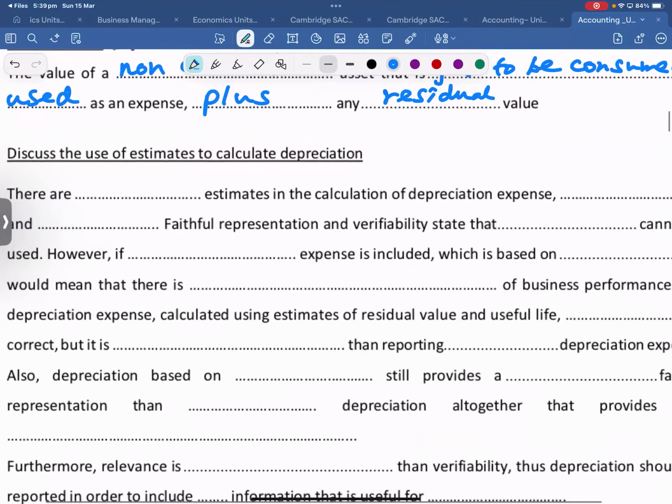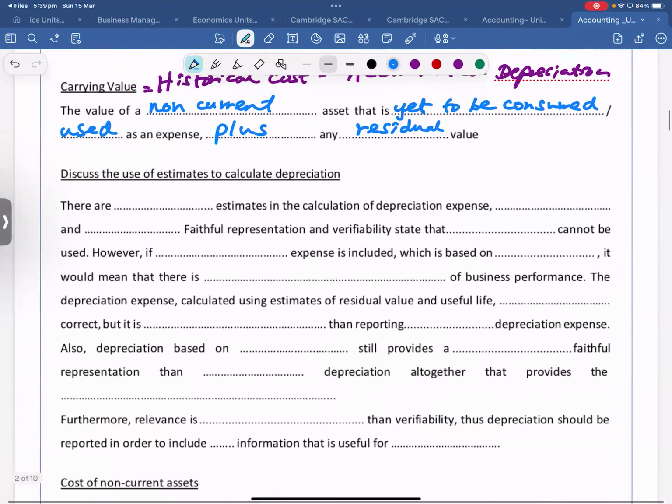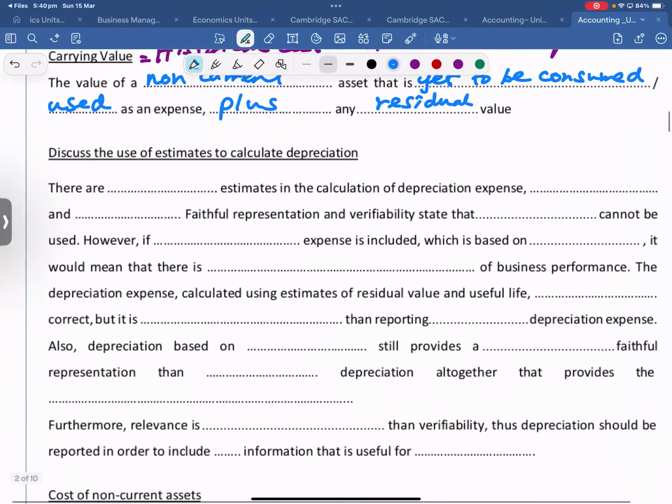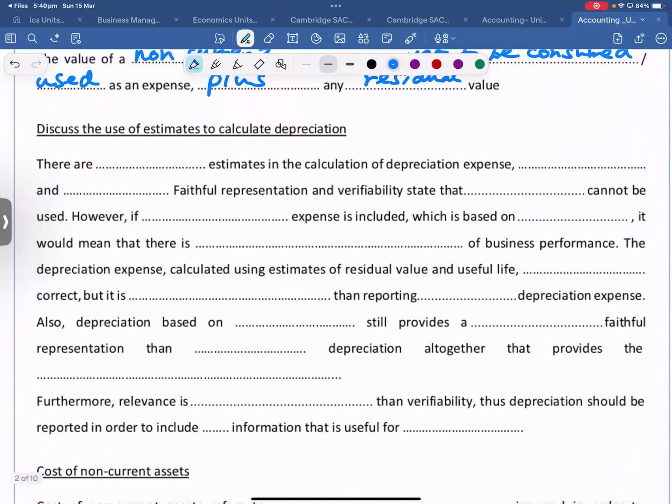Then guys, first we write the note, then we'll discuss the use of estimates to calculate depreciation. And you also have a note on the non-depreciable assets, for instance. I haven't really given it because we are going to do it in the questions, but I'm not going to give you a note.